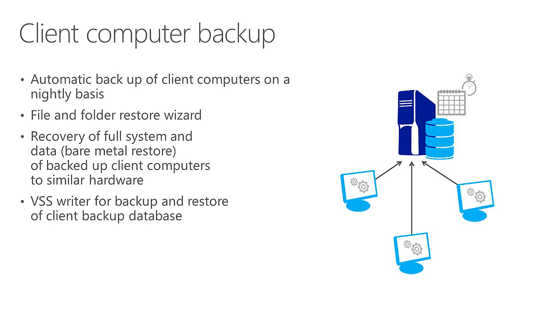As you add computers into the Essentials environment, they get set up automatically to be backed up on a nightly basis, or you can determine the time window that works best for you, with the client PCs backed up to the central Essentials server. This is really great. It allows you to restore files and folders, and even do a full bare metal restore of the entire PC.